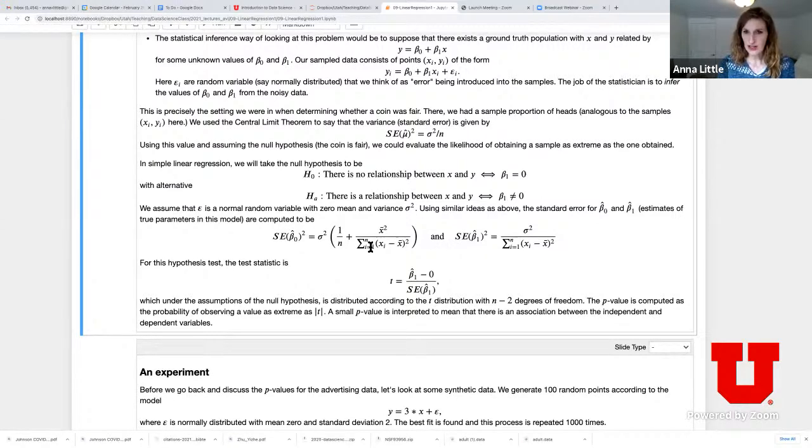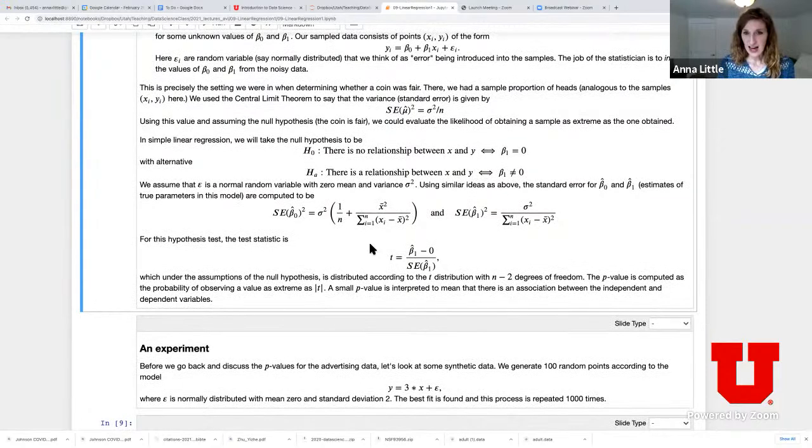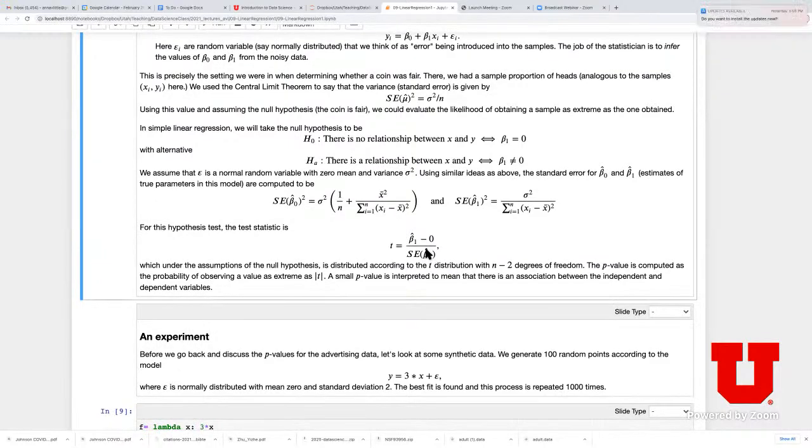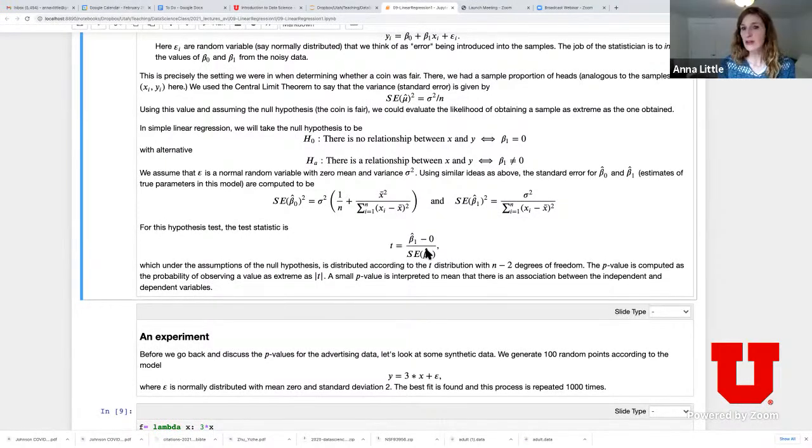We won't go through the derivation, but at the end of the day, you get a test statistic, which you compute from your sample slope and your standard error of that sample slope. And it has a t-distribution with n-2 degrees of freedom. And so the p-value is then computed from that t-distribution.